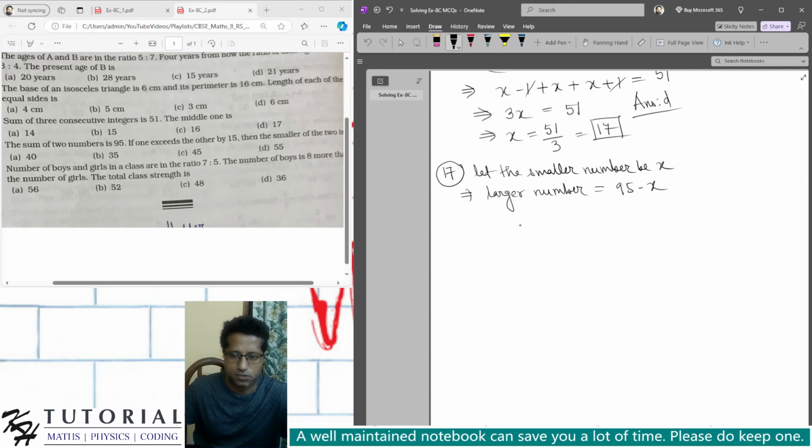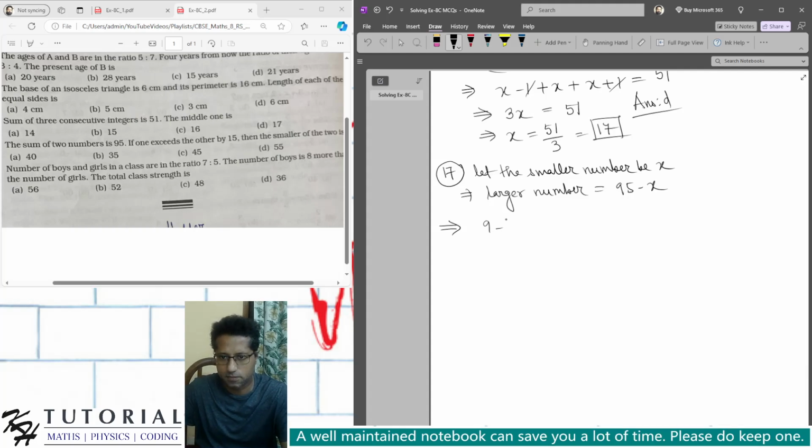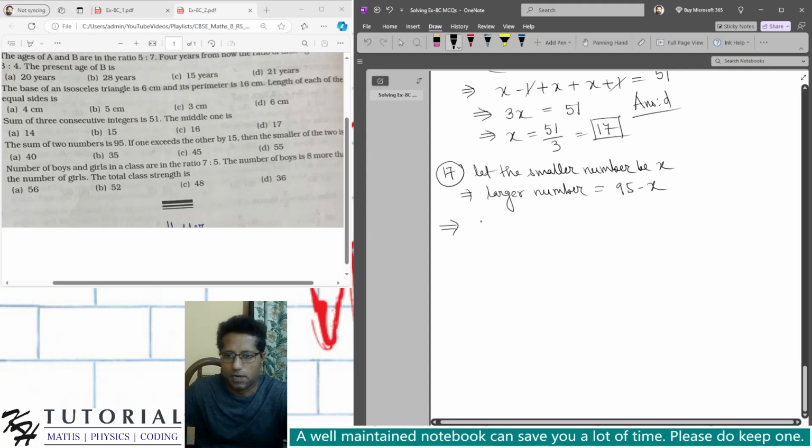Now it is also given that if one exceeds the other by 15, that is obviously the larger number is exceeding the smaller number by 15. The larger number is 95 minus x.